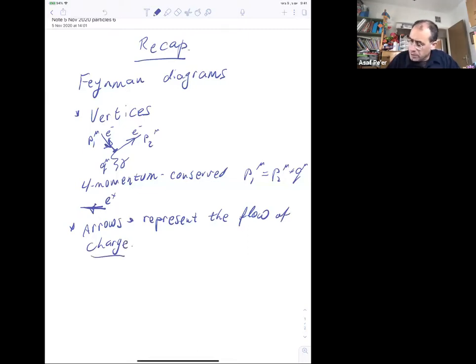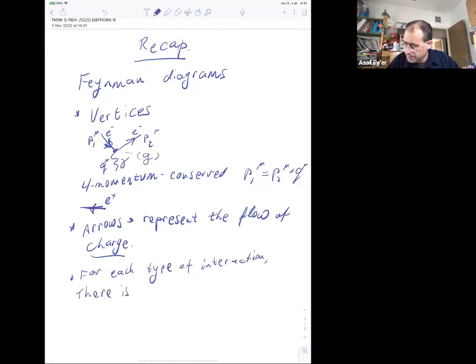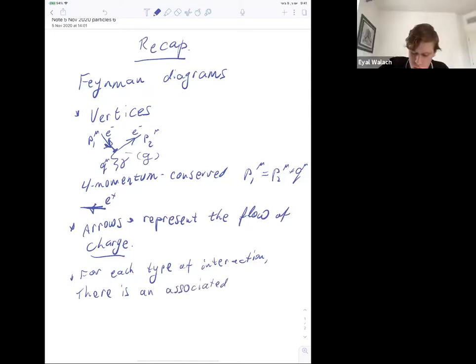And also for each type of interaction, there is a coupling constant associated with each vertex. So the coupling constant is denoted normally by G. Right. So for each type of interaction, there is an associated coupling constant.